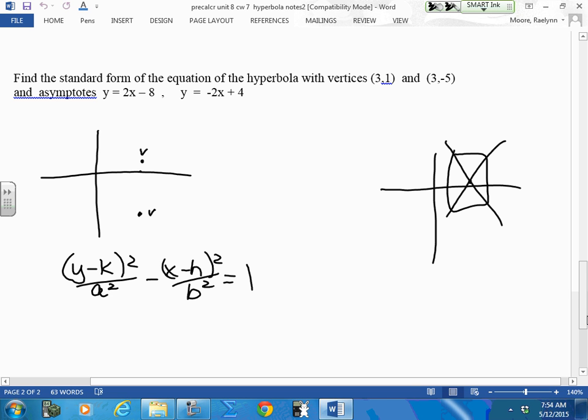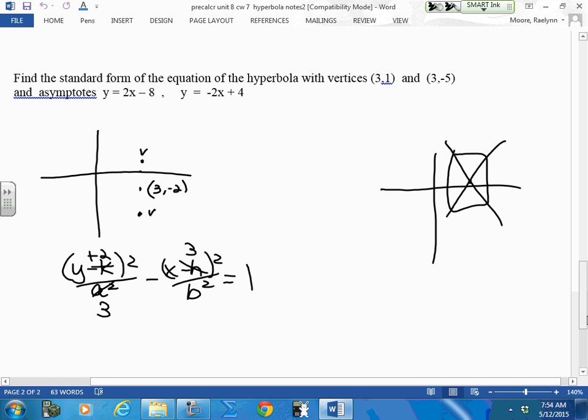So now, can you find me the center for this? Take the average. 3, negative 2. Okay, so the x is 3, and this is going to be a plus 2. Alright, and now can you find the distance from your center to your vertice? 3.